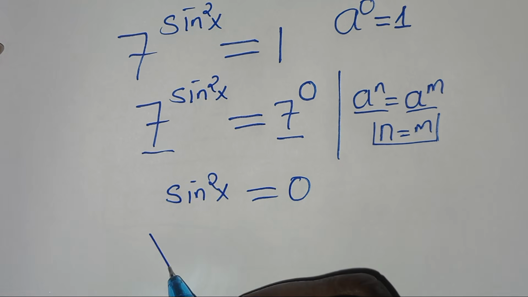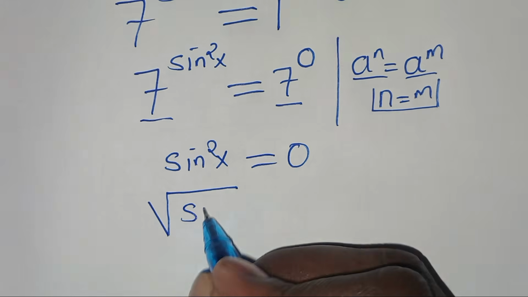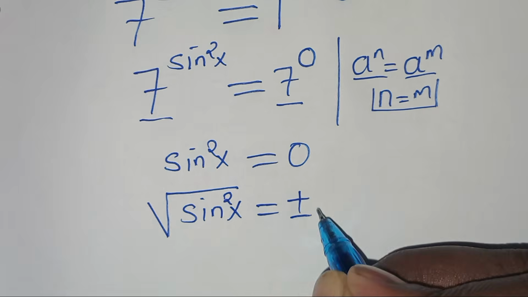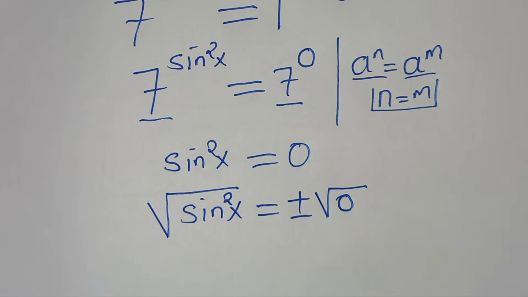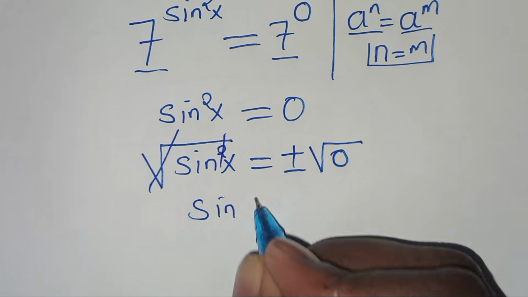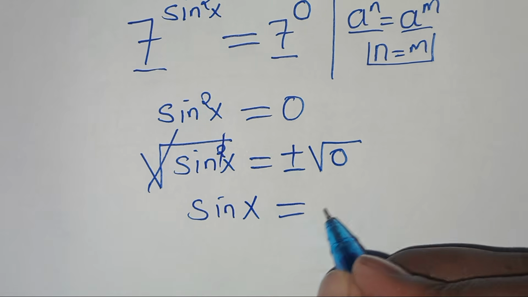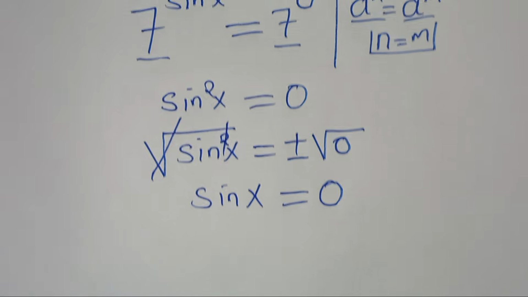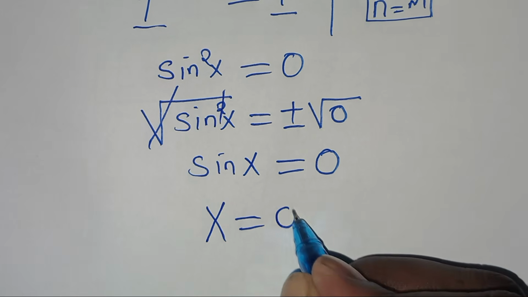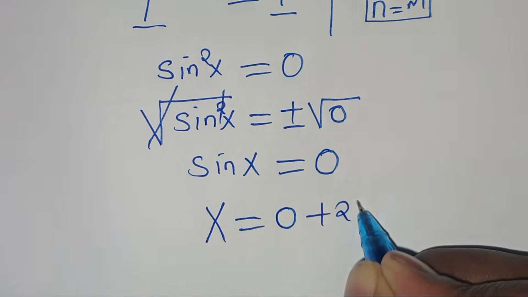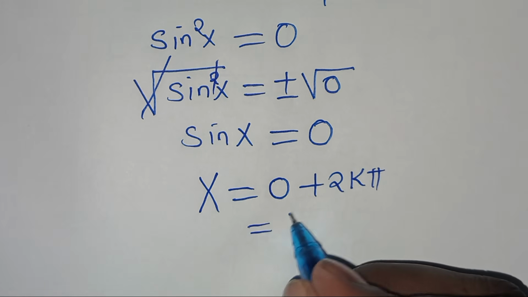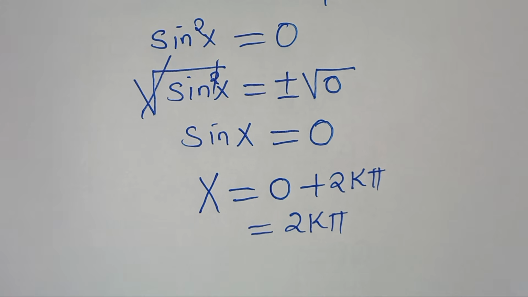To solve for sine x, we introduce square root on both sides. So we have the square root of sine squared x equal to plus or minus the square root of 0. Now, if we eliminate the square root sign, we have sine x equal to 0. And the value of x here will be equal to 0 plus 2k pi, which means we have 2k pi.